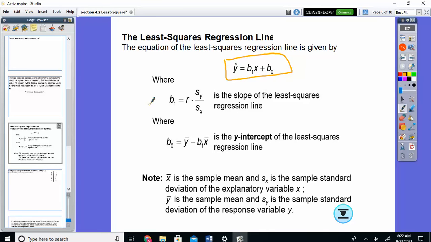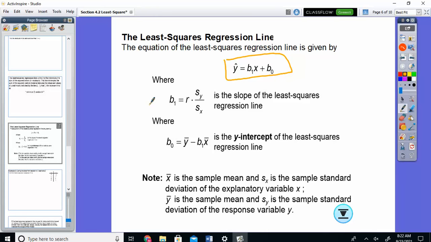It's actually found by doing r, which we've seen before. That is the correlation coefficient, times the standard deviation in y divided by the standard deviation in x. That gives you your slope. For the y-intercept, y bar and x bar are the means, and that b sub 1 is the slope of our least squares regression line.